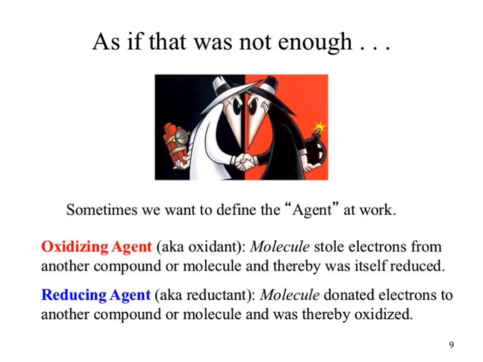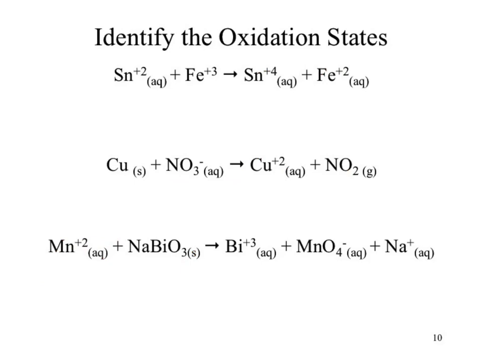Which means I gained electrons, which means I was reduced. Okay? The agents are swapped, so you've got to be careful with those. Identify your oxidation states. Identify what was oxidized, what was reduced. Identify oxidizing agent, reducing agent. We'll pick up there on whatever the next day is, Thursday.